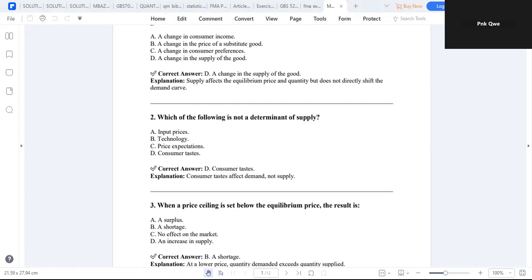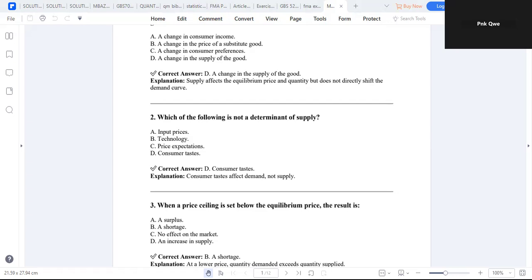The higher the price, the higher the quantity supplied. It is a direct relationship. So the principle of supply is that it has a direct relationship.